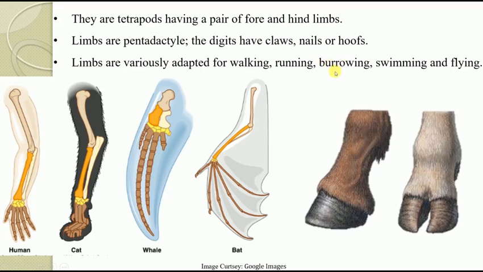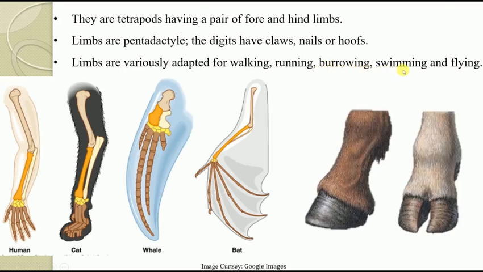Then certain mammals are burrowing, and for living in burrows, the limbs are useful for making the burrow in the sand or in the particular substratum. At that time, limbs are useful for burrowing.